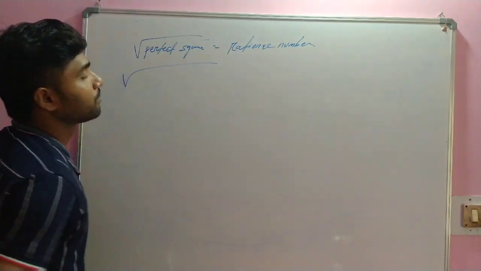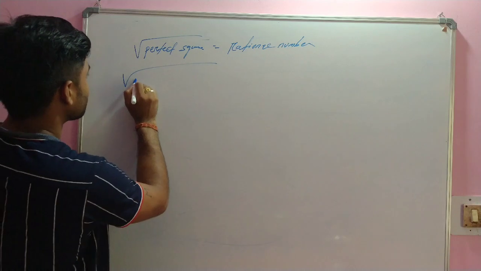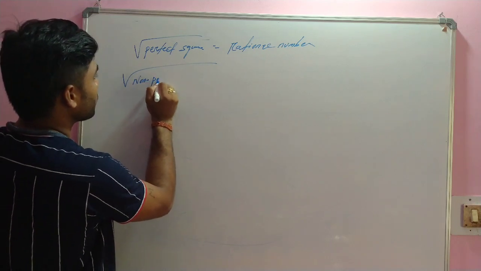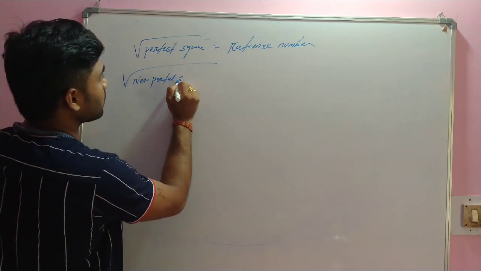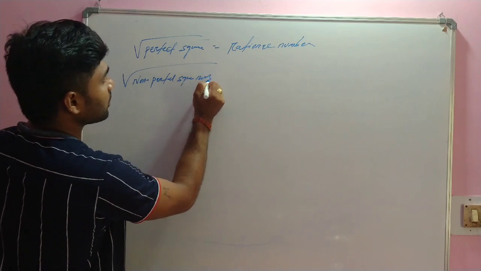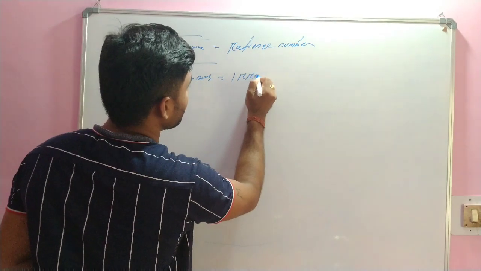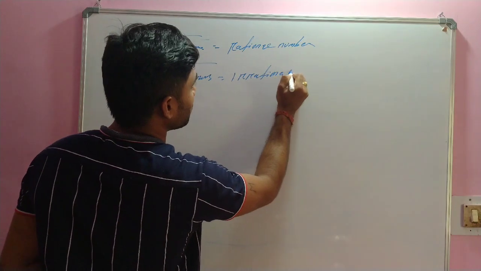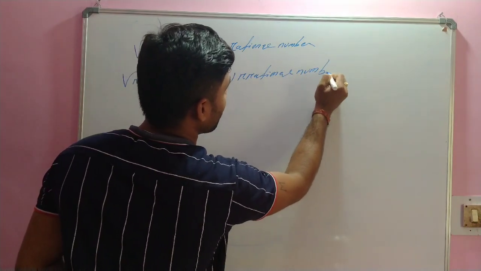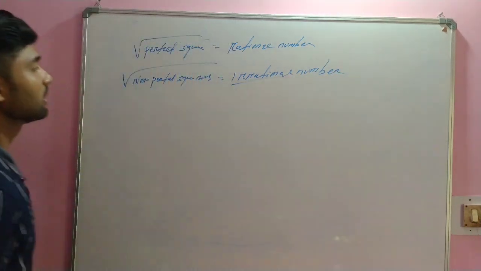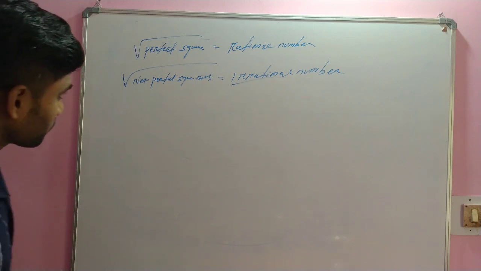The square root of a non-perfect square number is called an irrational number.